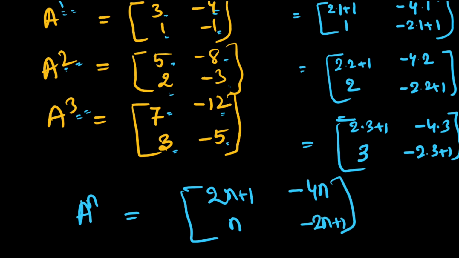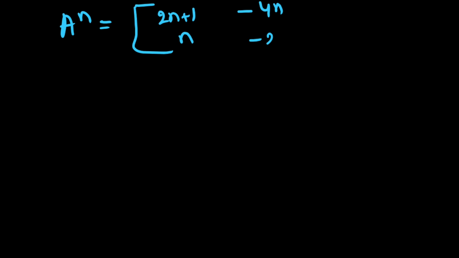By just checking A square and A cube, we see a beautiful pattern of A power n. Therefore A power n is equal to [2n plus 1, -4n; n, -2n plus 1] for all n. Now we need A power 100.